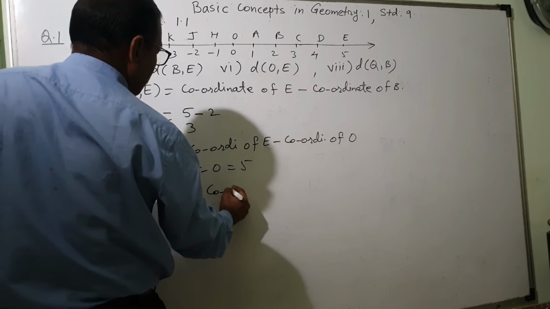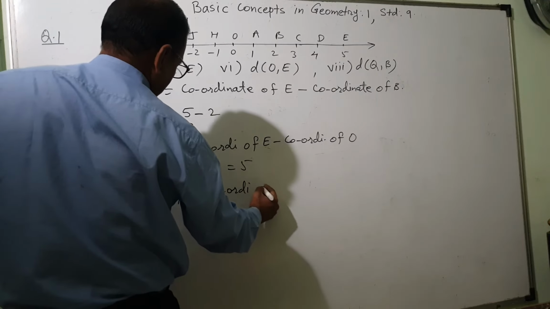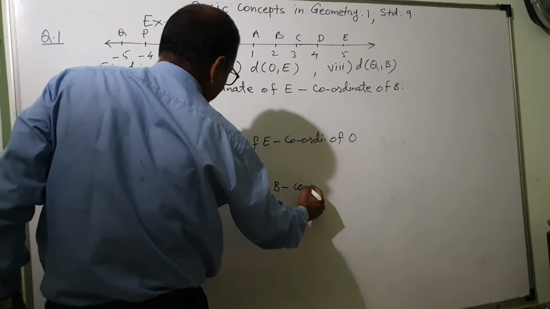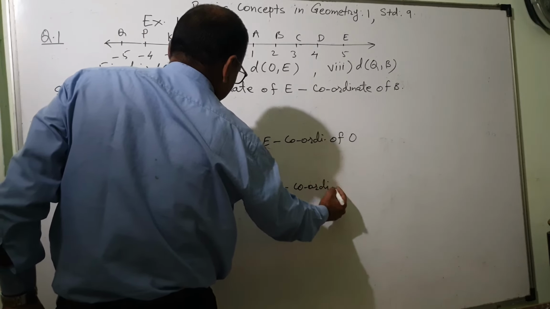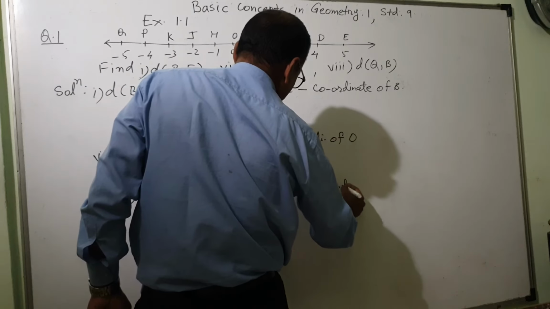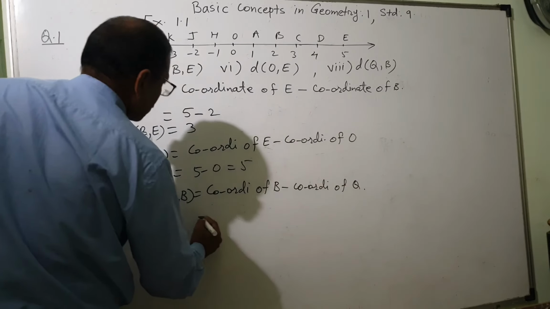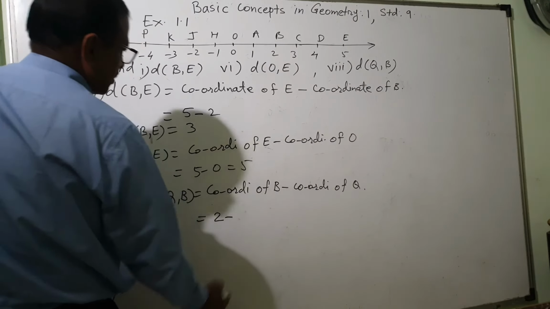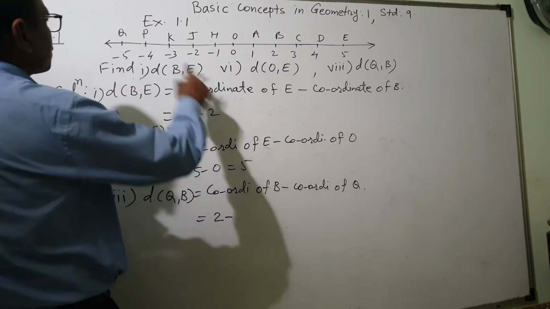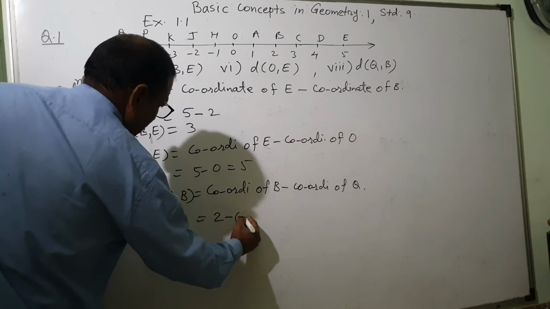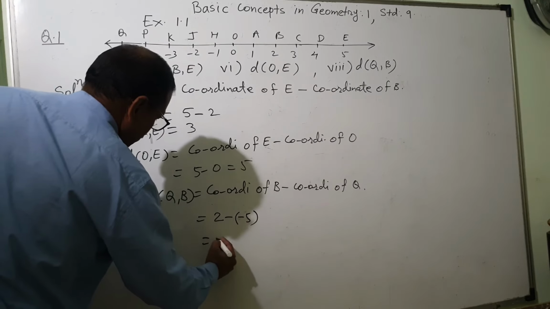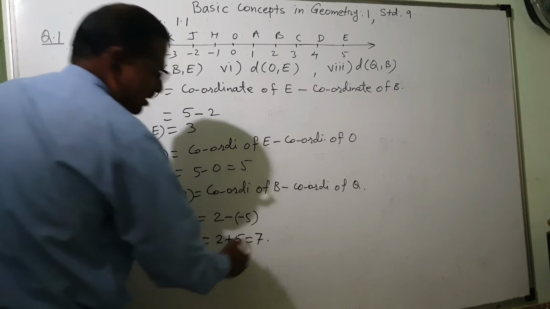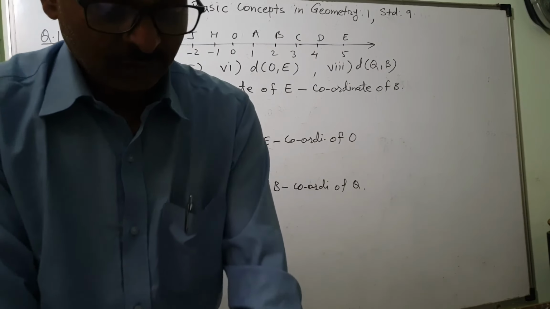So coordinate of B minus coordinate of Q. That is equal to coordinate of B is 2 minus coordinate of Q. Coordinate of Q is minus 5. This is equal to 2 minus minus plus 5 and that is equal to 7. This is all in this question.